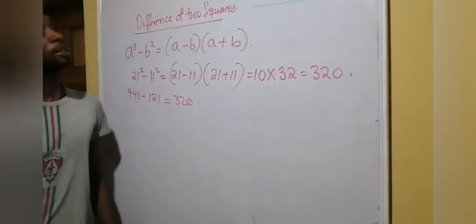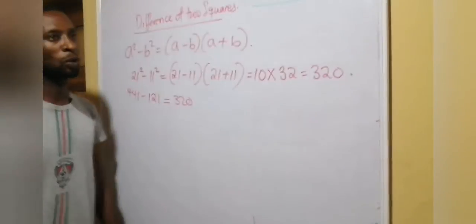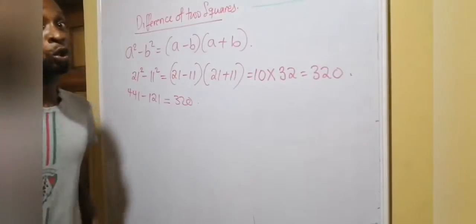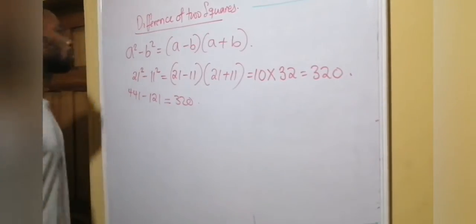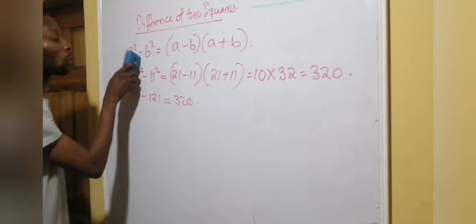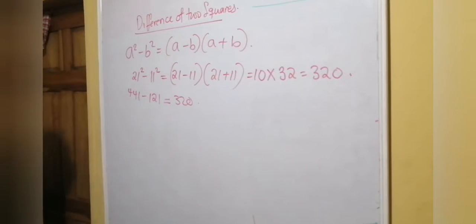The point is that the difference of two squares will help you to factorize something very fast. And one thing you should know is that there is always a subtraction in between the two squares.